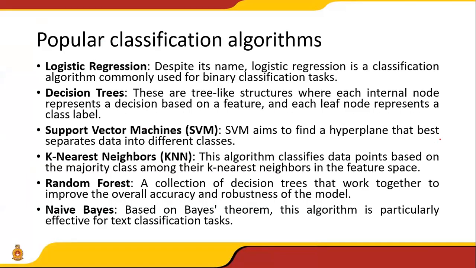Some popular classification algorithms are logistic regression, decision trees, support vector machines, KNNs, random forest, and naive Bayes. As I told you, one algorithm might appear in many places. It might be used for both regression and classification. Don't get upset. We can find the same thing in different aspects because of its capabilities.